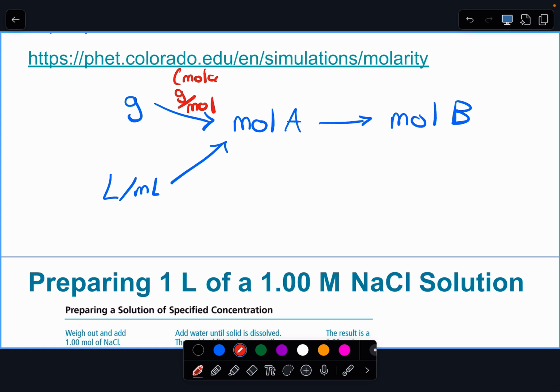The masses from the periodic table. So we need to know what we can use here to convert from a volume to get us into moles, because that's what we always care about when we're doing a balanced chemical equation. We care about moles. So the unit or the conversion factor that we use to do this is called molarity.